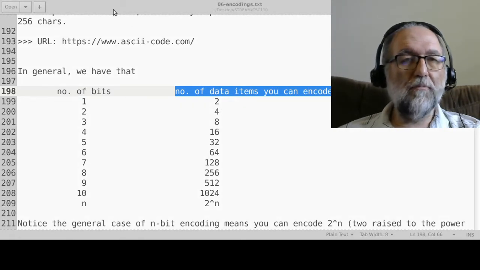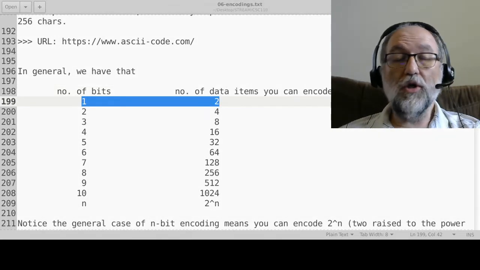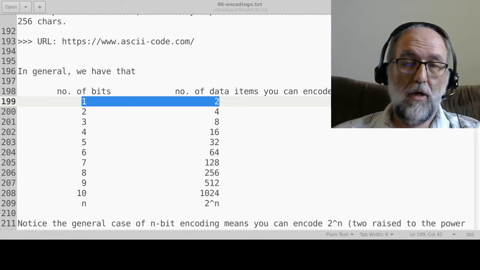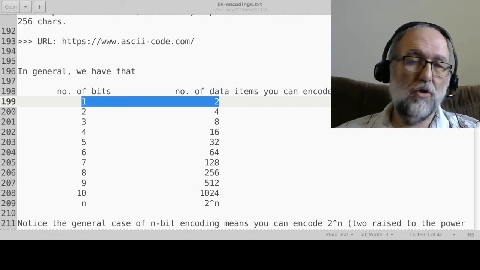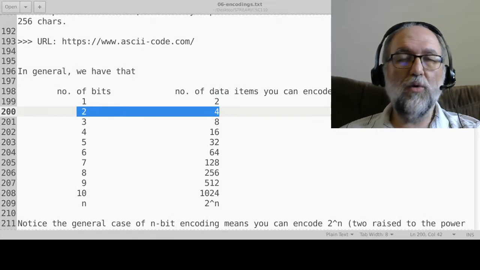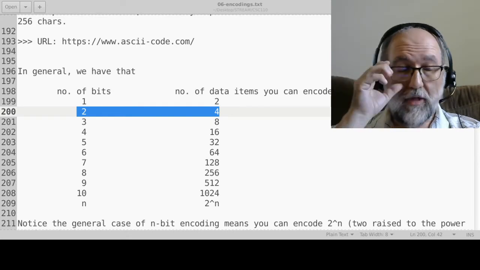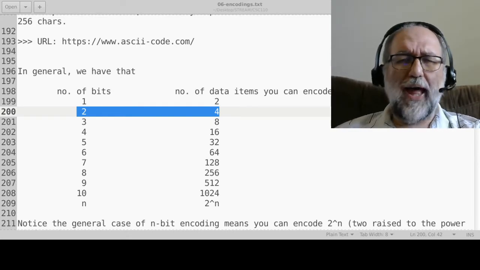So if you've got just 1 bit, how much can you encode with 1 bit? That's pretty easy. There's only 2 possibilities, 0 or 1. So with 1 bit, you can only encode 2 different things. With 2 bits, we saw this already. You can encode 4 items with 2 bits. You might say, well, what would that be good for?